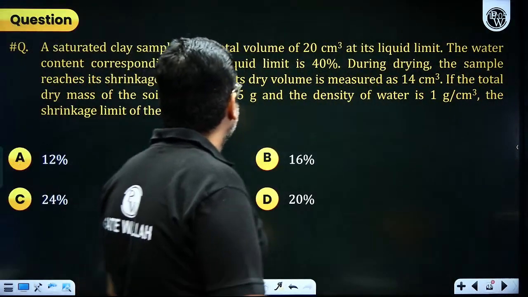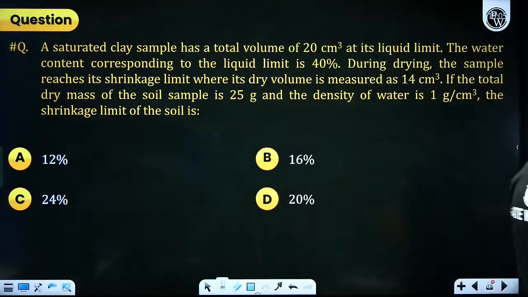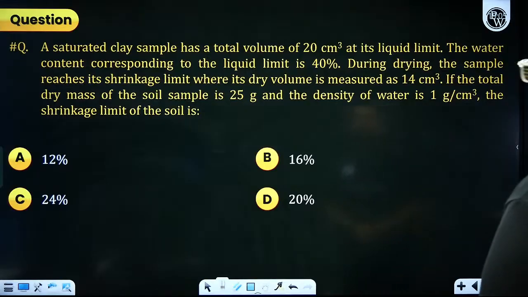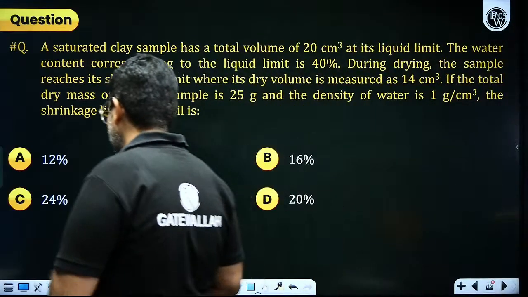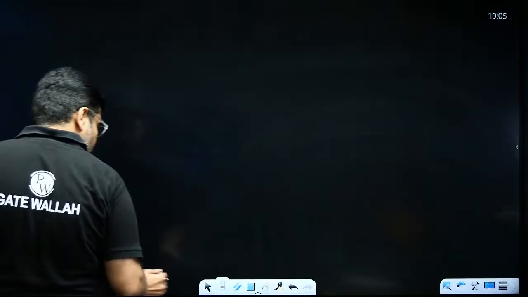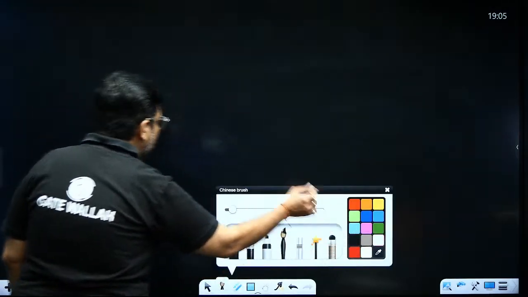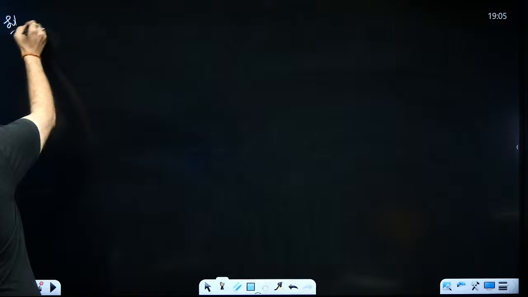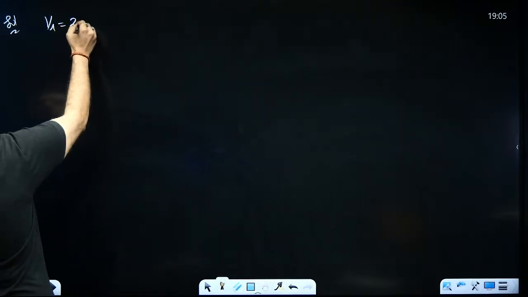So, a saturated clay sample has a volume of 20 cc. So, we have the volume of the saturated soil sample at its liquid limit. VL is given to me, that is 20 cc.